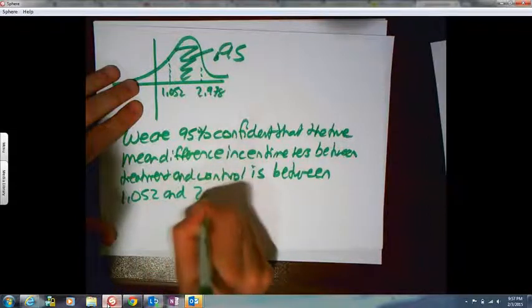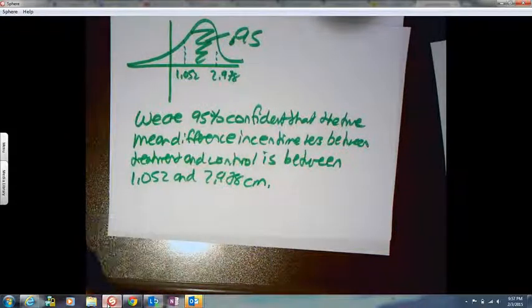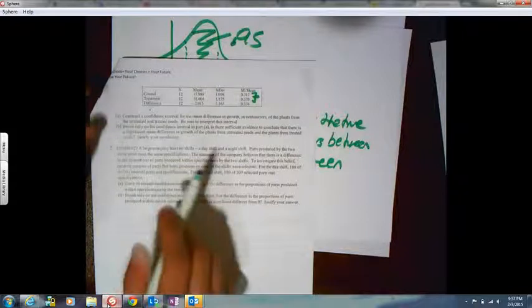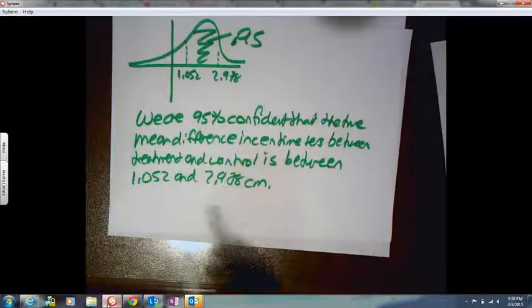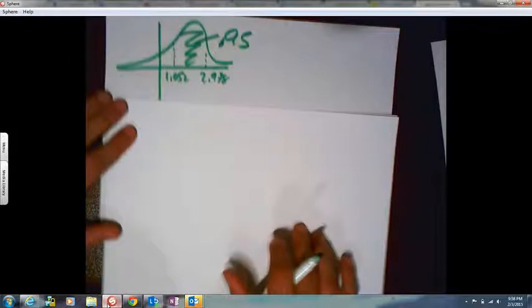That's part A. Now part B says, based only on the confidence interval, is there sufficient evidence to conclude there is a significant difference? Justify your conclusion. So if you think about part B, the null is that the mean treatment minus mean control equals 0, and the alternative would be that the mean treatment is greater than the mean control.